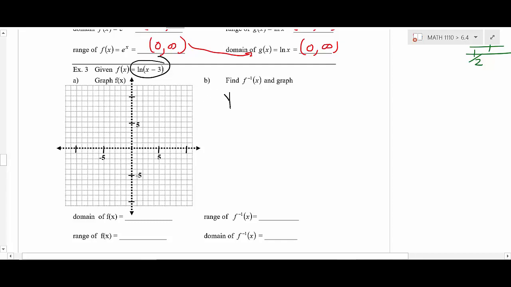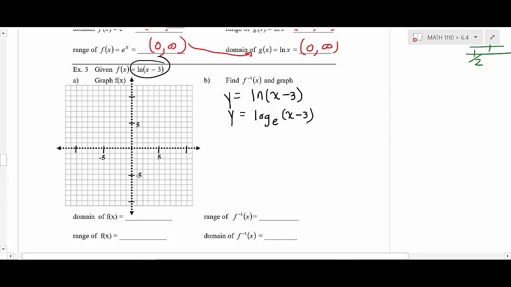You would want to start by writing down y equals ln x minus 3, because to me it's easier to graph the inverse of ln and then just switch all the points backwards. And that's what we're going to end up doing. So this is really y equals log base e of x minus 3.